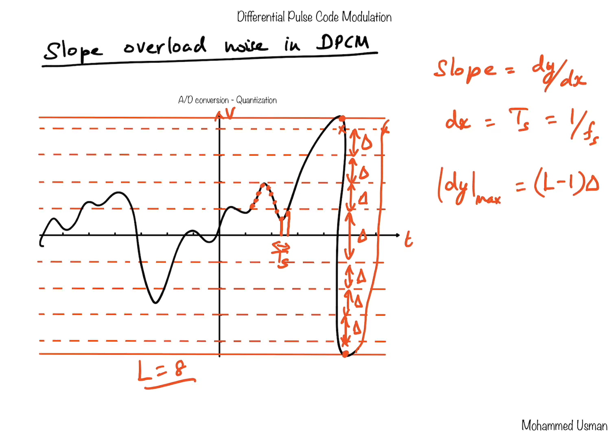So the maximum slope is going to be dy by dx.